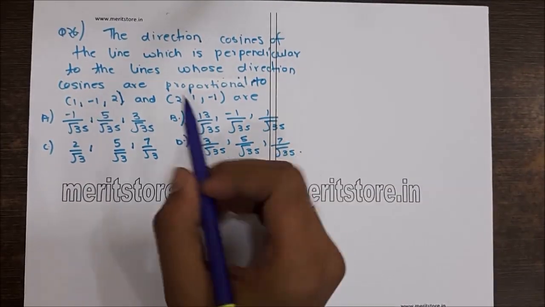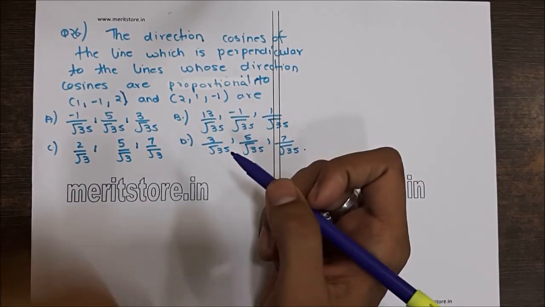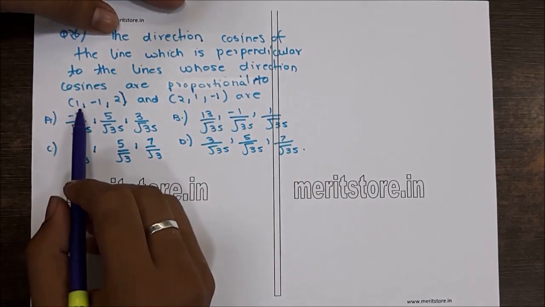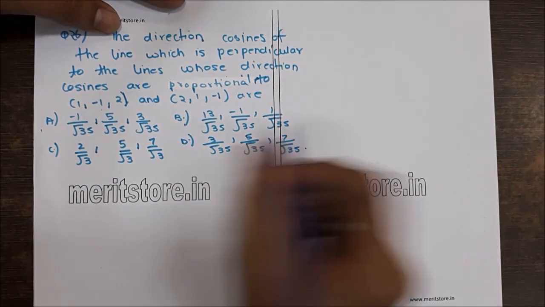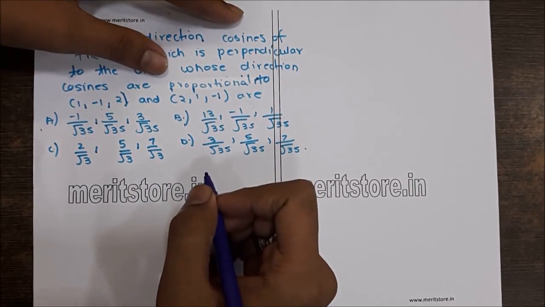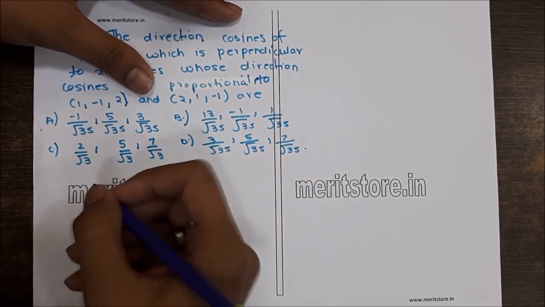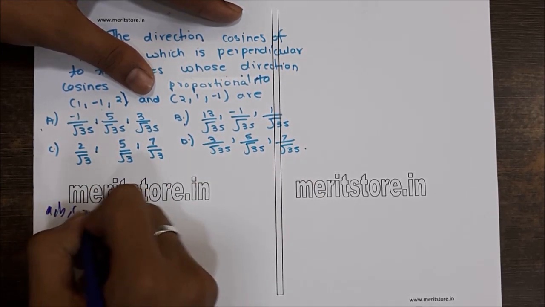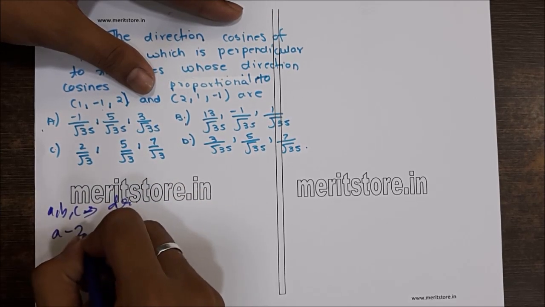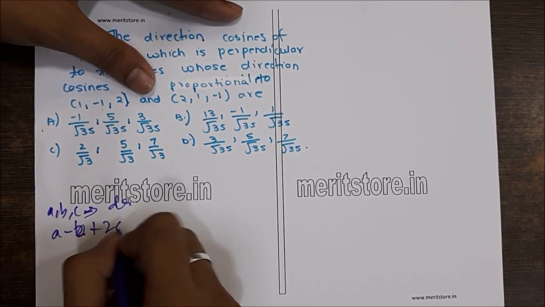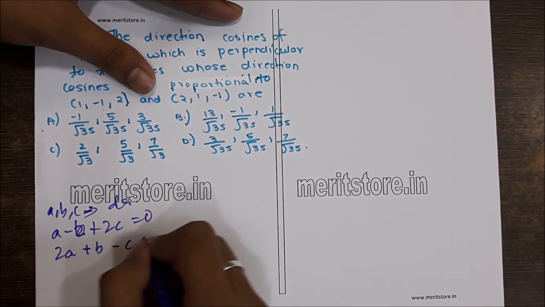Question number 26. The direction cosines of the line which is perpendicular to the lines whose direction cosines are proportional to 1, minus 1, 2 and 2, 1, minus 1 are option A, option B, option C or option D. Now let the direction ratios of the line be a, b, c. So we'll get two equations, that is a minus b plus 2c is equal to 0 and 2a plus b minus c is equal to 0.